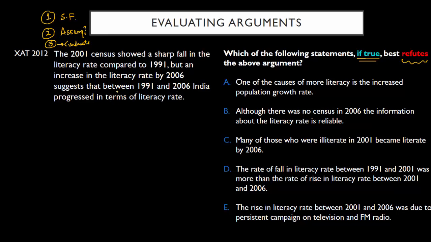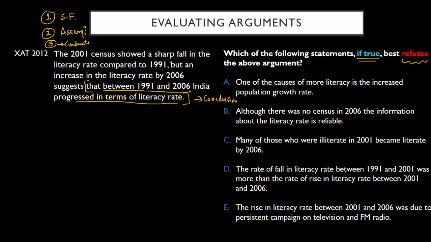Let's read. The 2001 census showed a sharp fall in the literacy rate compared to 1991. But an increase in the literacy rate by 2006 suggests that between 1991 and 2006 India progressed in terms of literacy rate. So this, that between 1991 and 2006 India progressed in terms of literacy rate, is the conclusion being made, and it is presented by 2 evidences or premises.